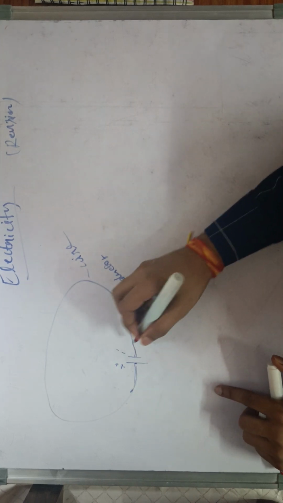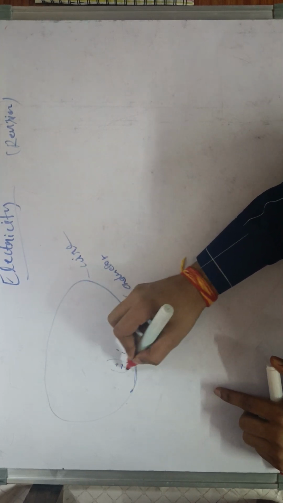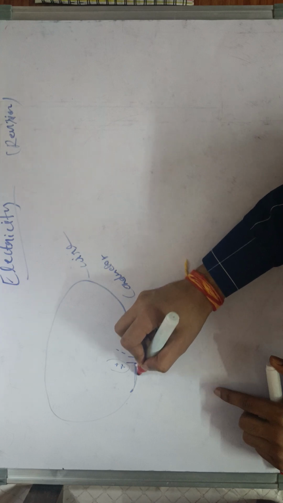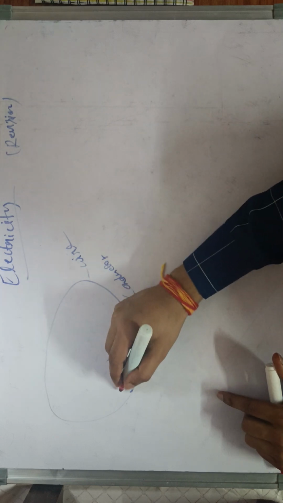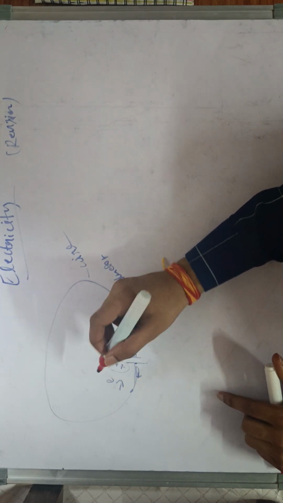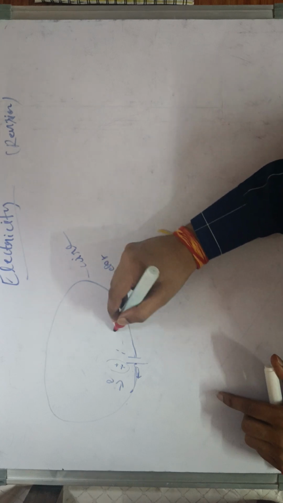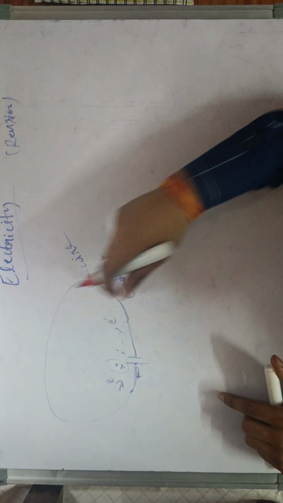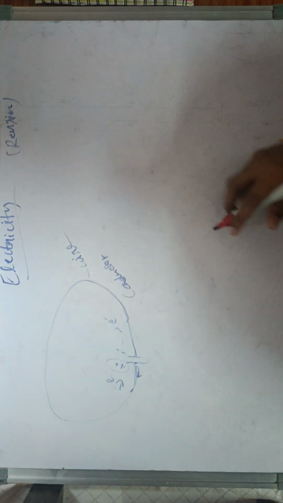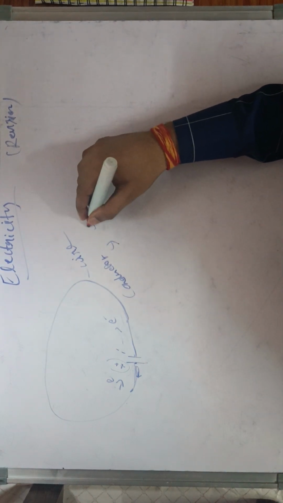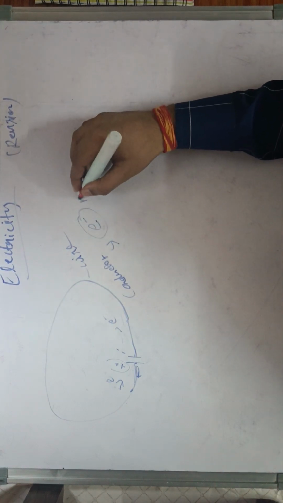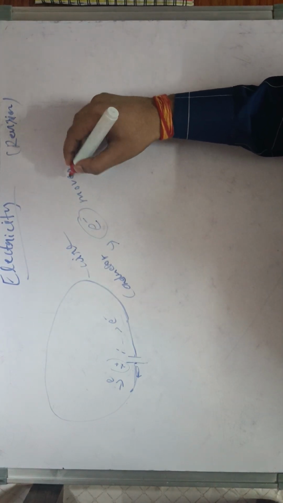These charges have some potential here, and these positive charges will push away the positive charge, or you can say they will attract the negative charge in this direction, and this will repel the electrons away from it. So in conductors, only electrons can move.